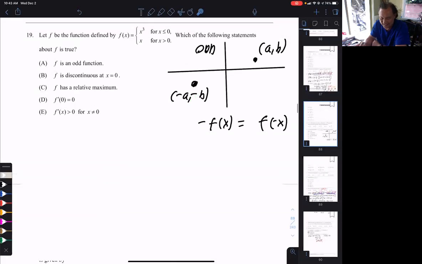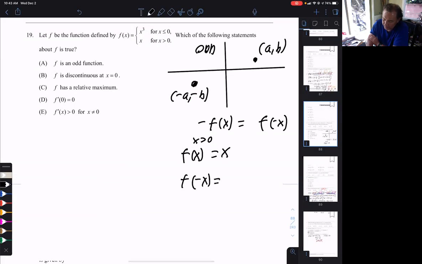That is craziness. Now let's do this. In our particular example, what's f of x for x being positive? So for positive values, it is x. So that equals x. What's f of opposite of x?